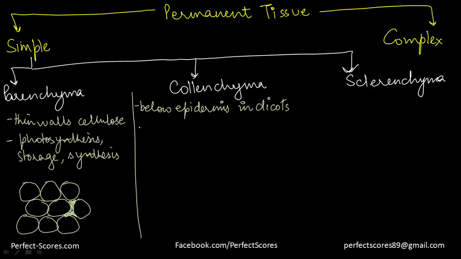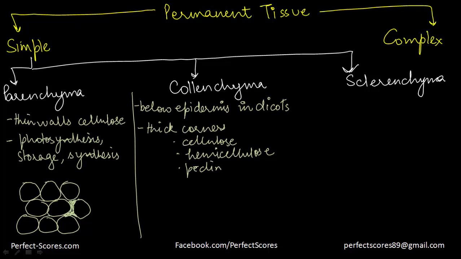One special thing you need to know about collenchyma is that they have cells that contain thick corners, and these corners are thickened due to presence of either cellulose, hemicellulose, or pectin. And they help to assimilate food whenever they have chloroplasts in them. And the basic function is to give mechanical support.